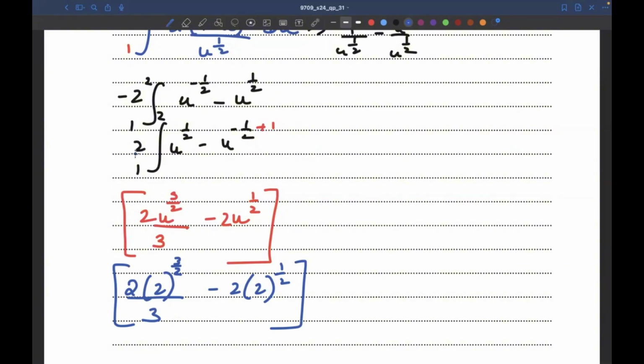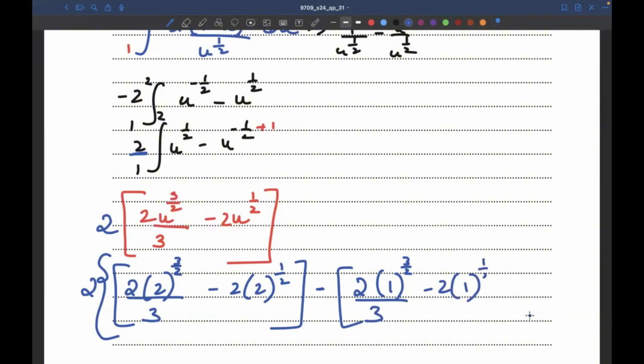No, this 2 is already outside, so you'll have to be very careful with this. This 2 remains outside. And then subtracting the lower limit, we'll get 2 into 1 to the power of 3 upon 2 divided by 3 minus 2 into 1 to the power of 1 upon 2, and we'll close the bracket over here.